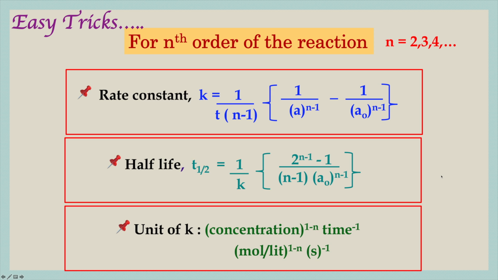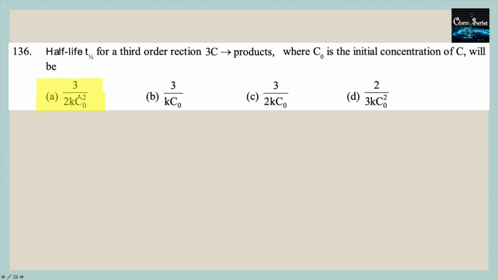Okay. So your answer will be 3 by 2 K C naught power 2. A naught is nothing but the concentration of the reactant, that is the initial concentration C naught, so we can use it as C naught. So your right option is option A, 3 divided by 2 K C naught power 2.